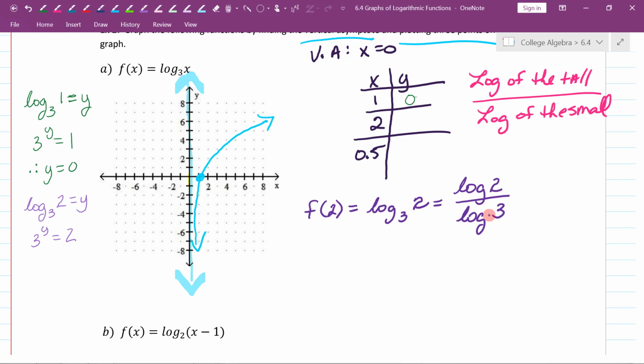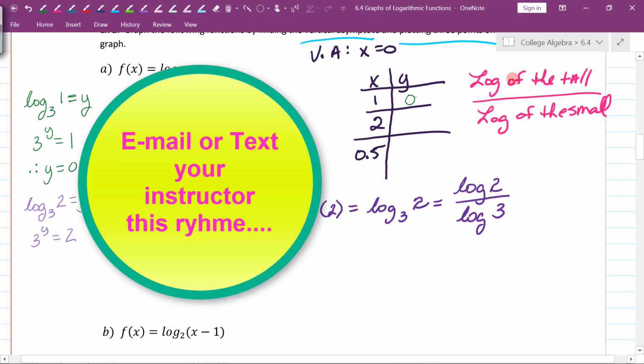So either you're going to take a log base 10 of 2 divided by log base 10 of 3, or you're going to take the natural log of 2 divided by the natural log of 3. Because that's what your options are. If you can't remember which goes which, just remember this little rhyme: the log of the tall over the log of the small.